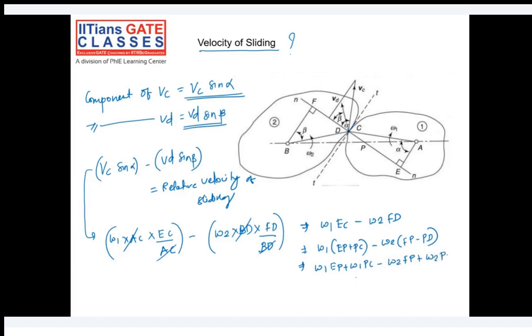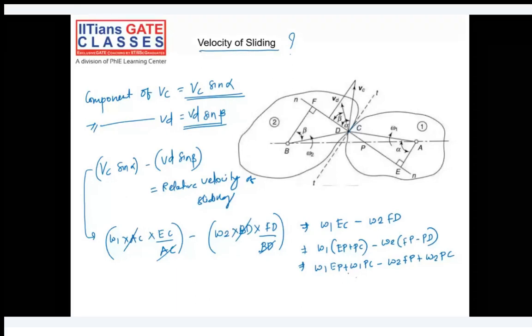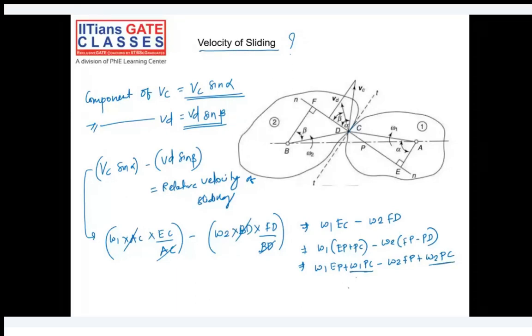Since D and C are the same point, I can write PD as PC also. PC is common here, so you can take it together: omega 1 plus omega 2 times PC, and omega 1 EP minus omega 2 FP.